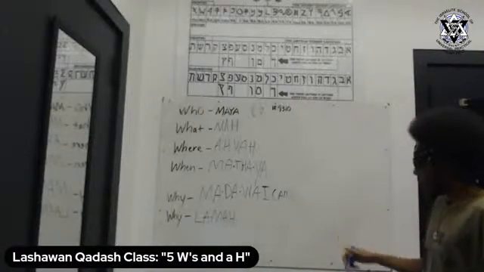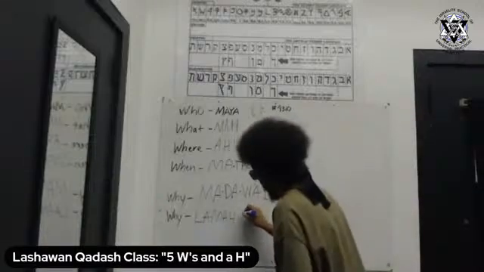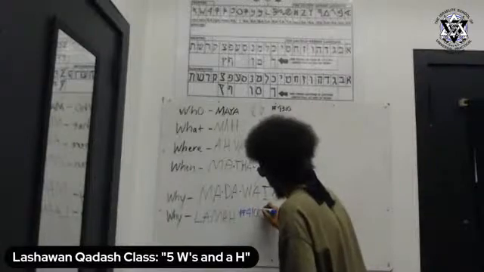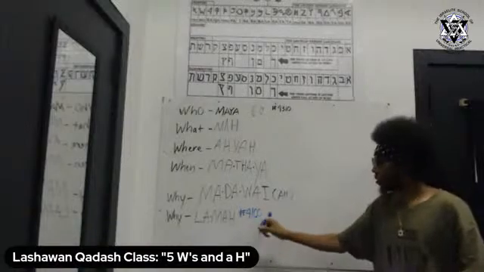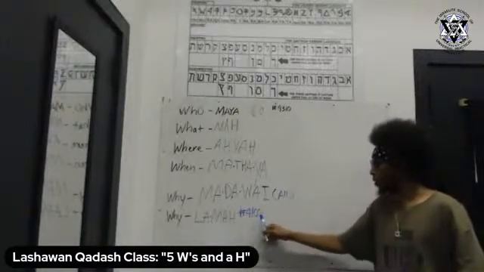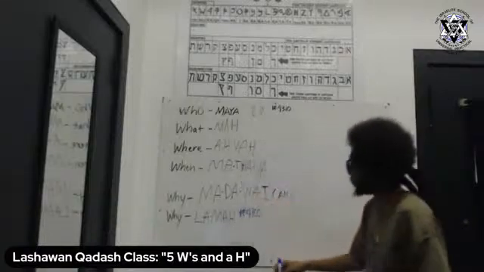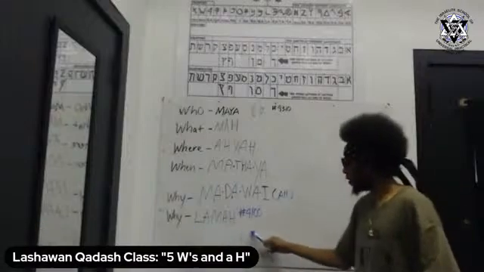Now, as far as Lama, this is the concordance 4100. And this is going to work every time. Whatever concordance you have, most likely 9 times out of 10, it's going to be 4100. Just to let you know that this is a different context.